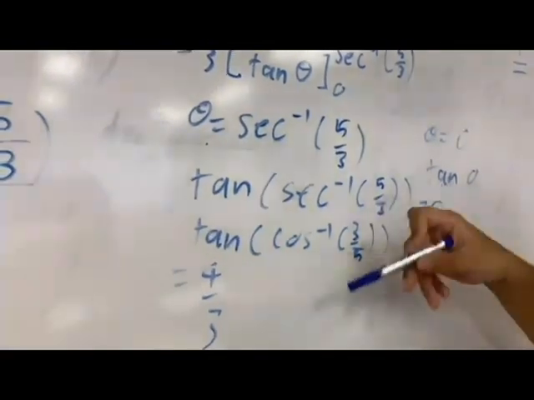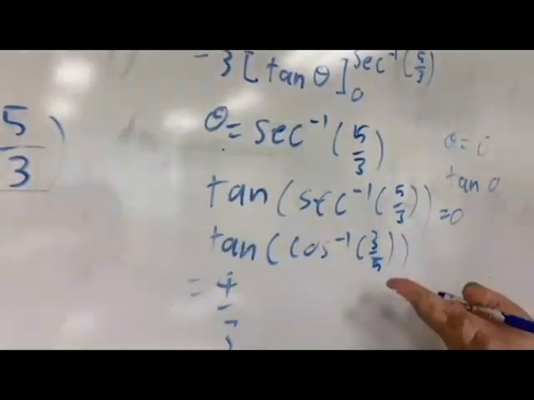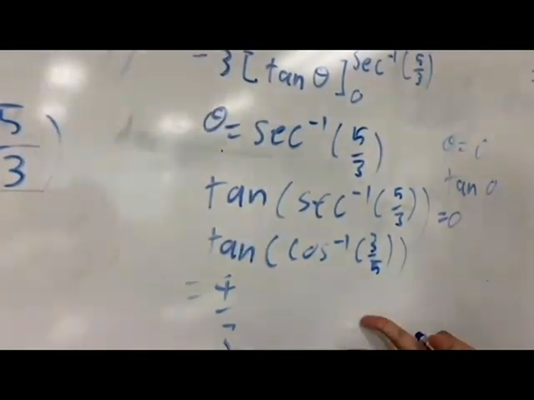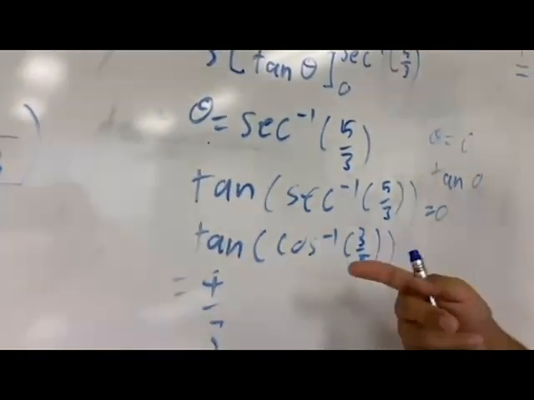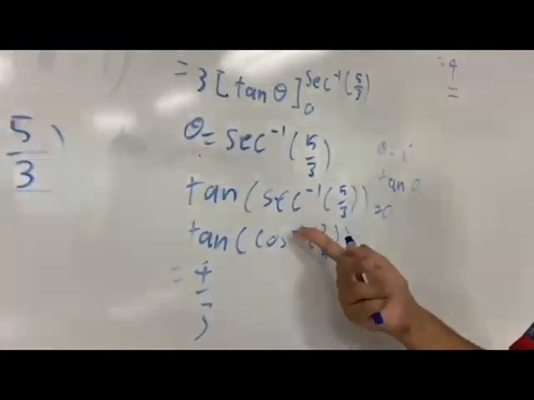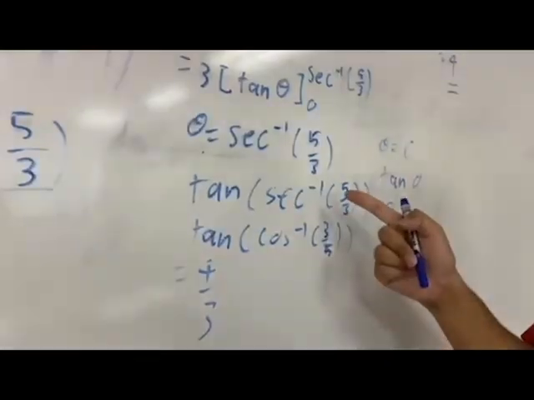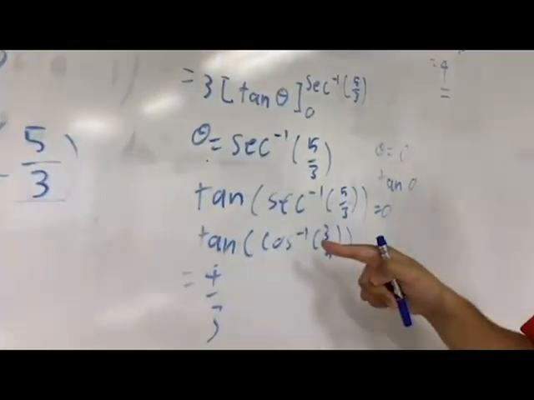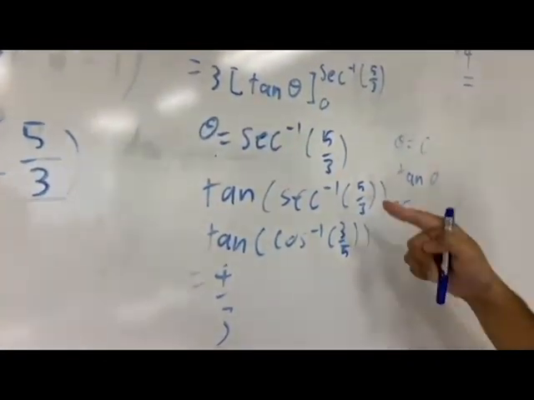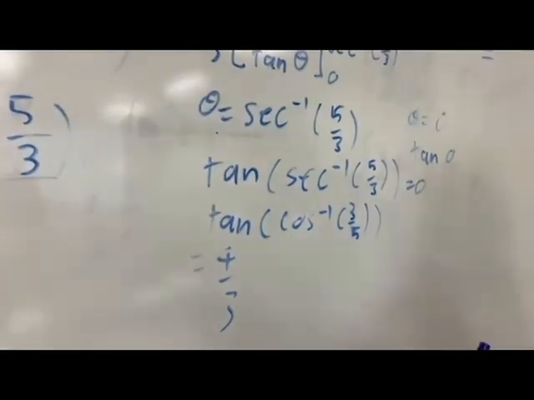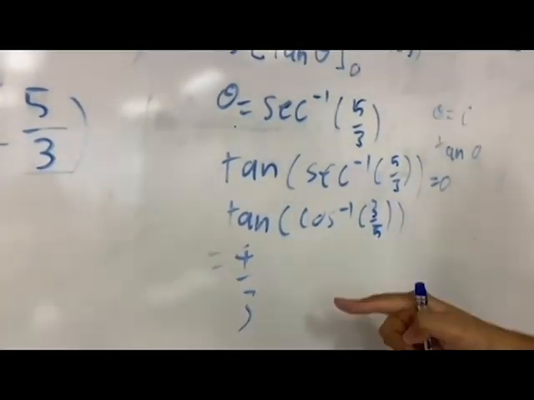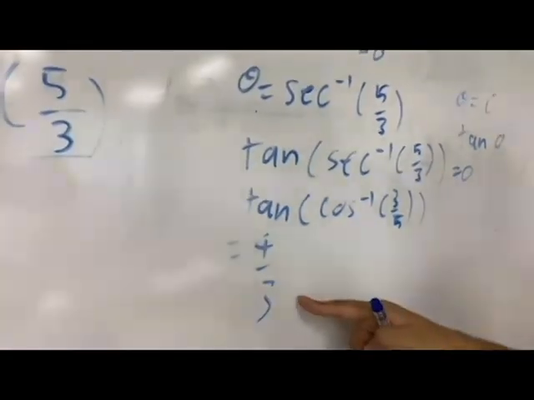However, we can change it using the trigonometric identity, from secant to cos. From there, we can get tangent of inverse cos 3 over 5, and from there we can simplify it, and we get 4/3.